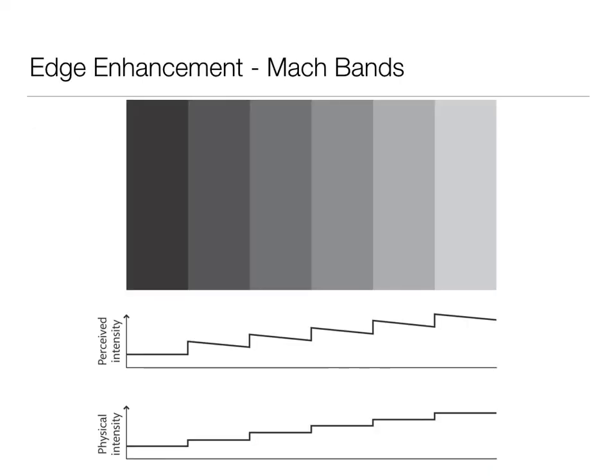Edge enhancement. What happens in this is a perceptual illusion. These are called Mach bands. When you look at it, it looks like each color, each gradient, like the dark versus the light, is a little bit of a gradient in and of itself, where it seems darker on the left and lighter on the right.